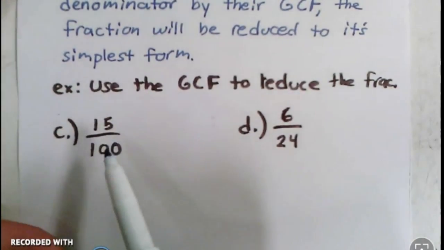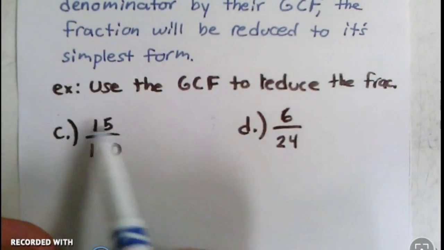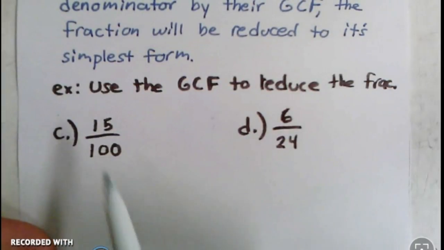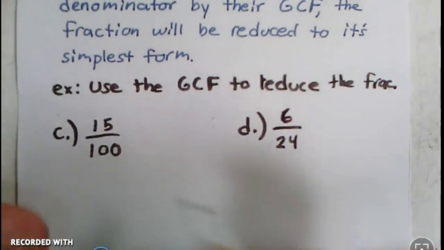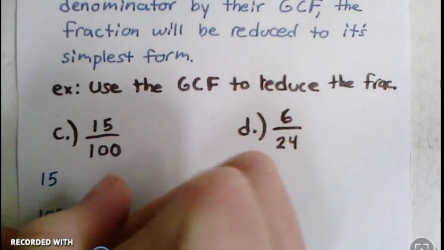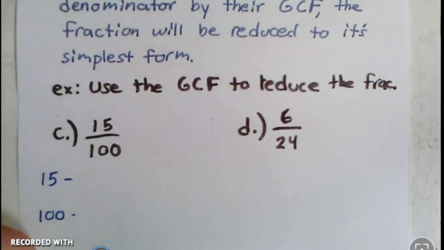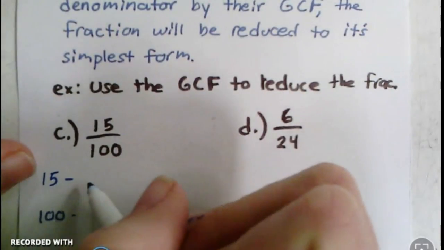We're going to find the greatest common factor of the numerator and the denominator. So first, I could do it right here. They're already vertical, but I'm going to write them down here instead. 15 and 100. Okay? And I'm going to go with 15.